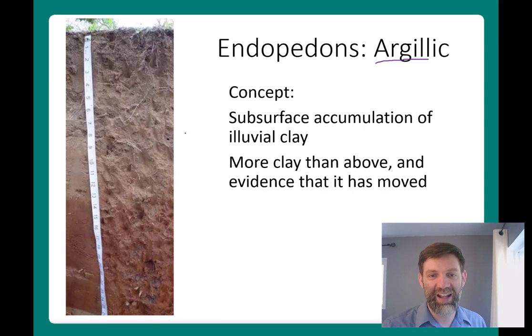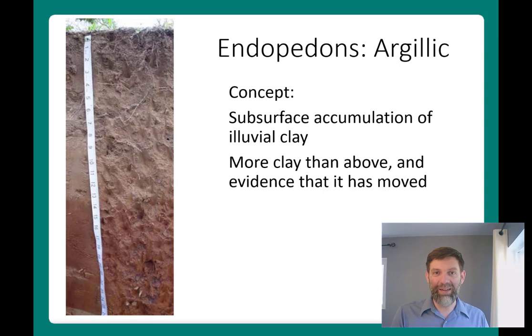And in this case, it's subsurface accumulation of illuvial clay. And in this photo, it's down in this zone. There's also some iron moving around with it, and so we're building up clay. Soils are clay factories, right? With time, things weather into clay, and as that clay moves within the soil profile, it can accumulate in a zone, and that gives us the argillic horizon.